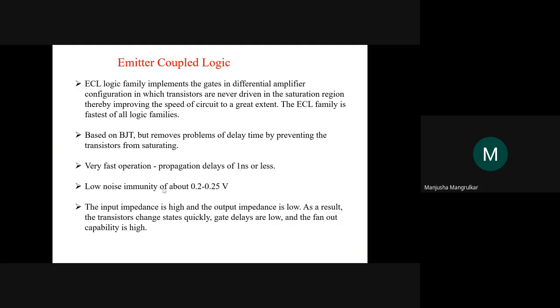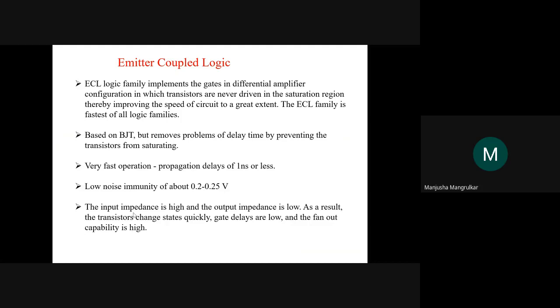Low noise immunity, about 0.2 to 0.25 volt, and input impedance is very high and output impedance is low. Output impedance being low means fan-out is very high. As a result, the transistor changes state quickly, gate delay is low, and the fan-out capability is high.